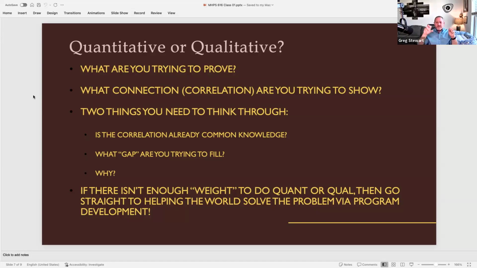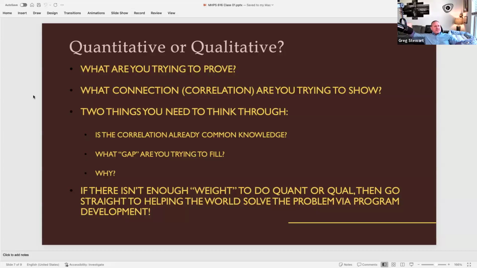So if there's not enough importance to prove a correlation, then go down the road of program development, because technically that's your end game. It's like, yeah, well, I want to do this. I was thinking about this and kind of bringing these two together. Yeah, but is the gap that much of a mystery, or is it that much unknown or debatable? No, not really.